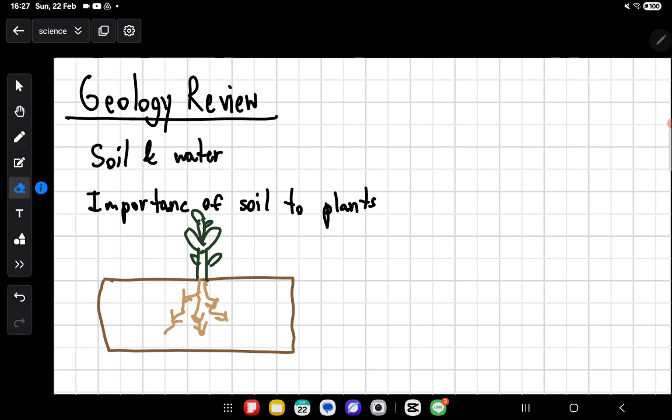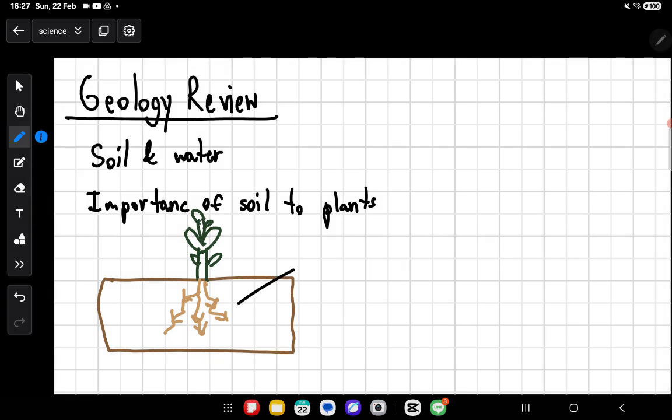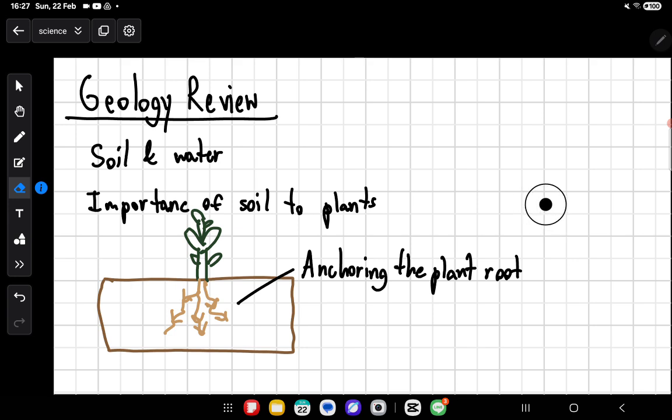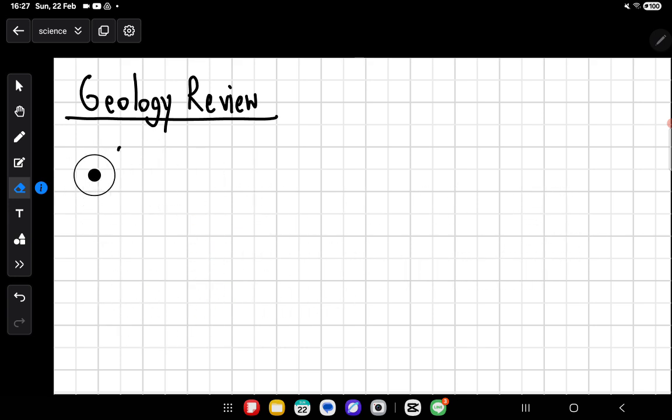Yeah, so the importance of soil to plants is that soil is anchoring the root of the plant. So that's why soil can be really important to plants. Now let's go look at how soil is formed.